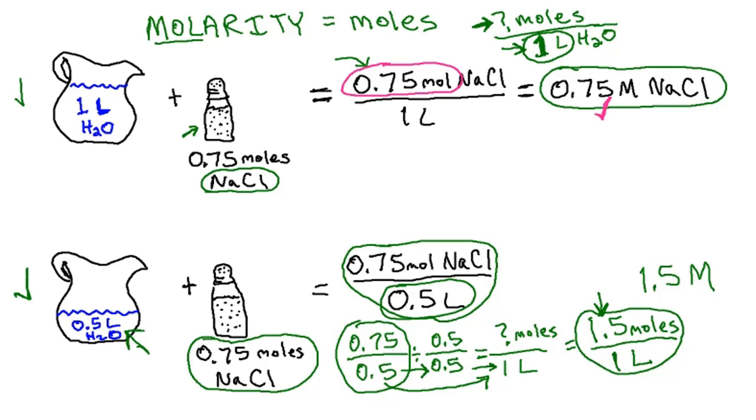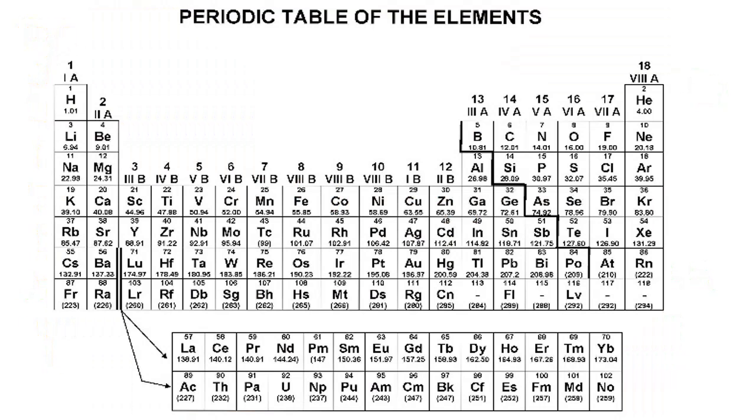Let's go to the periodic table. If you look on the left of the periodic table, here's sodium, and sodium's atomic mass unit is 22.99. So 22.99 grams of sodium is going to equal 1 mole of sodium.